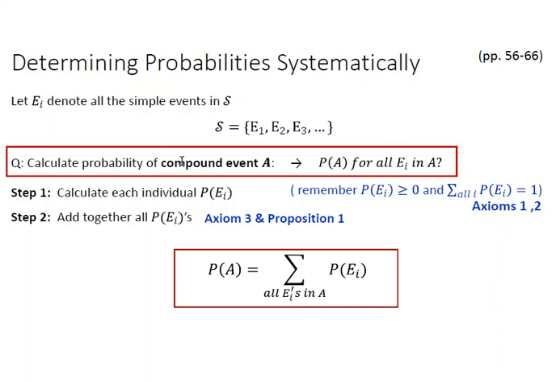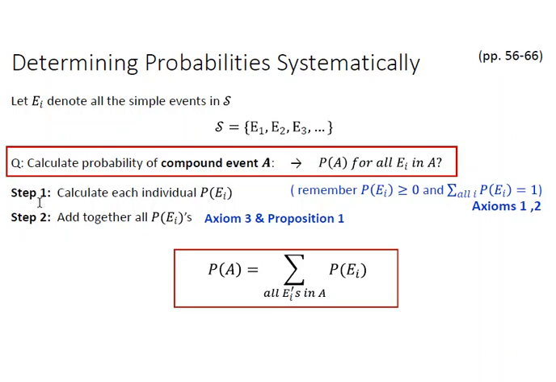Okay, now how can we determine probabilities? Let Ei denote all the simple events in S. So we can write S as E1, E2, E3, etc. Now we want to calculate the probability of a compound event A. What should we do?